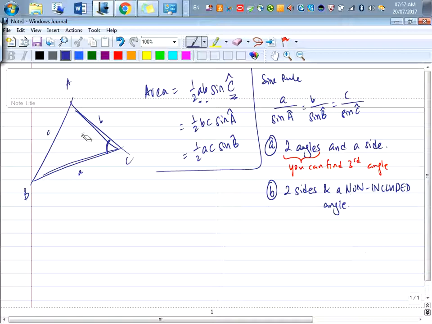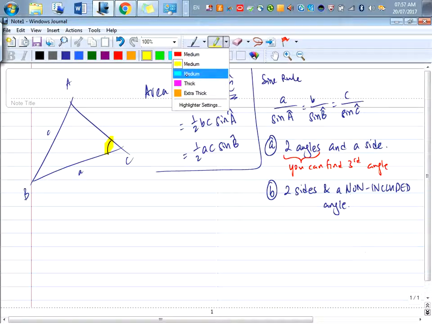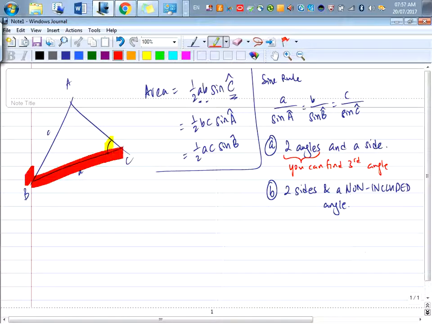Okay, so for example, in this triangle, let's say I give you a and c, these two sides, and then I give you this one, angle C. You're given side a, side c, and angle C. Can you see that this angle is not included inside these two sides? It's not included, right? So this is a case when you can use your sine rule. That's what it means.